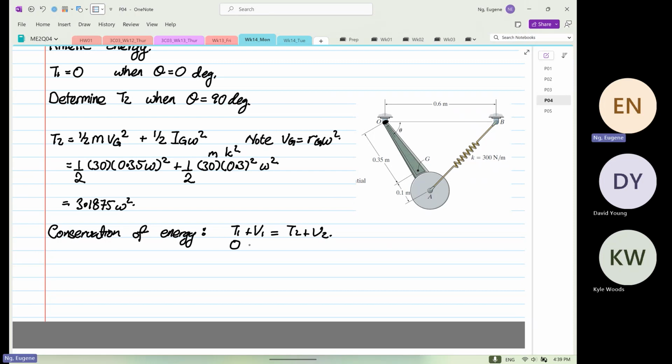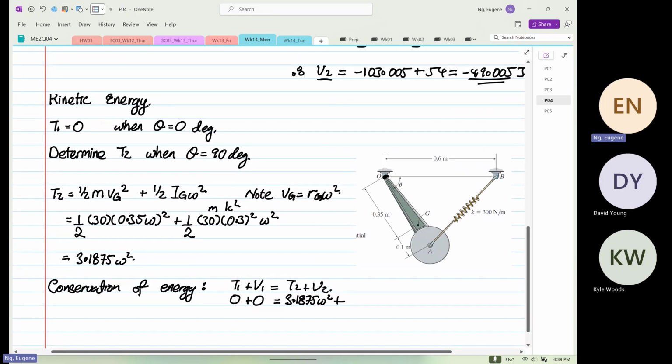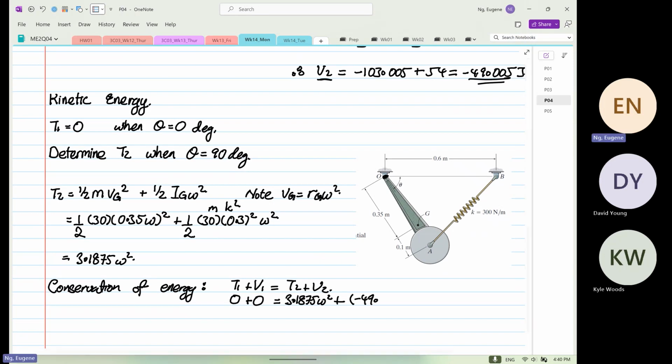T1 is equal to 0, and V1 is also equal to 0. We calculated them yesterday. T2 is 3.1875 omega squared plus V2, which we calculated to be minus 49.005.